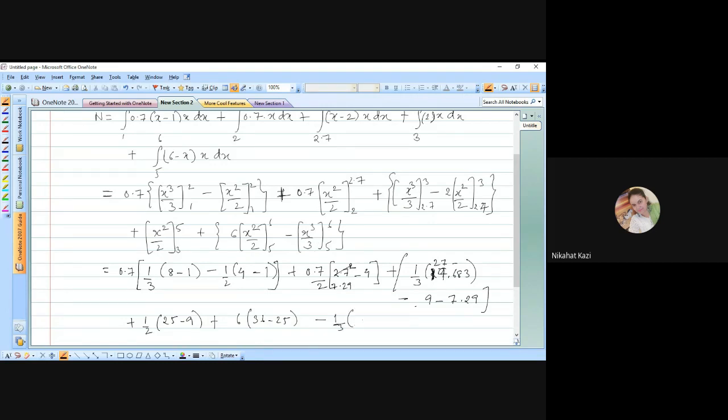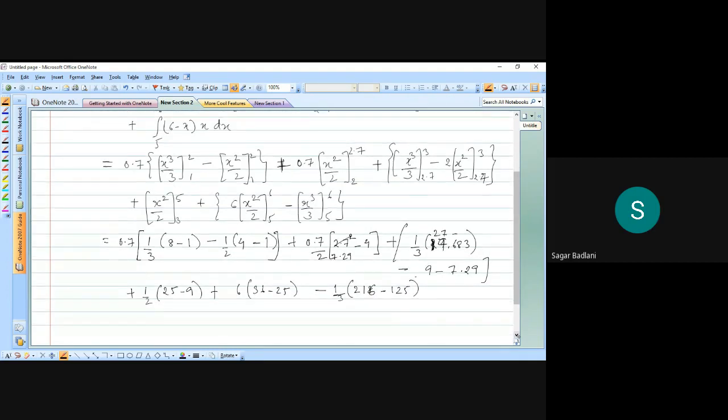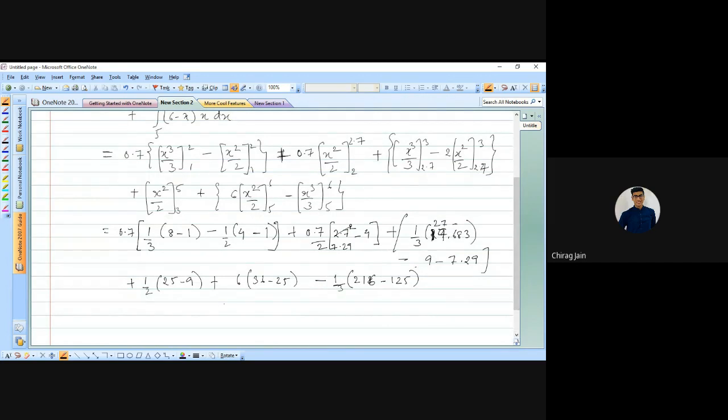What is 6 cubed? 216. And 5 cubed is 125. In the second last term, 6 times half of 36 minus 25, 6/2 is 3, right?